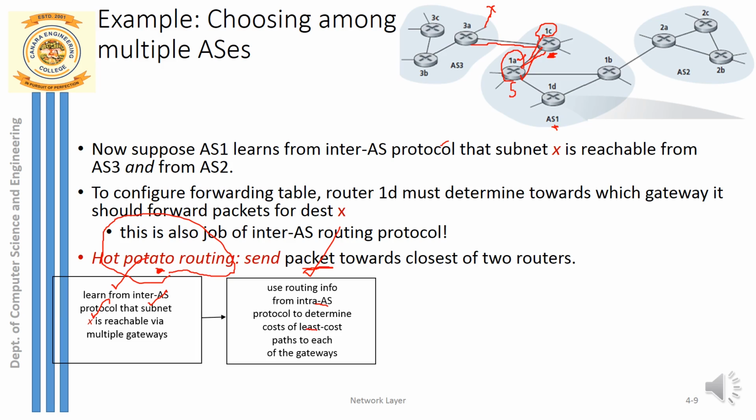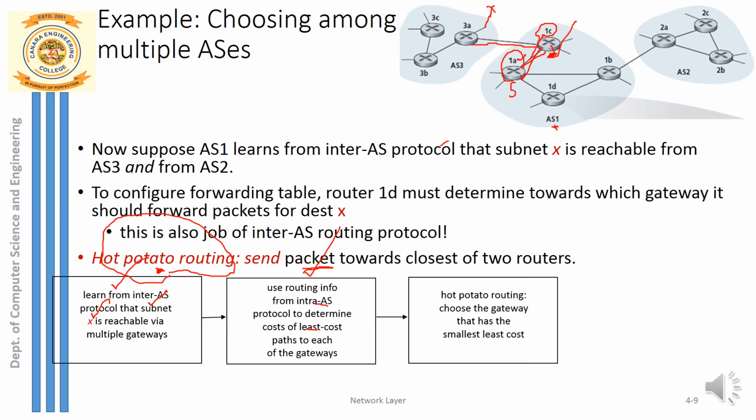So what have we done? The least cost path is calculated to reach the edge router in the second stage, and after that hot potato routing takes place, through the gateway. Again, the least cost path is calculated from the gateway router, that is the edge router, to the other gateway router, through the inter-AS routing algorithm.